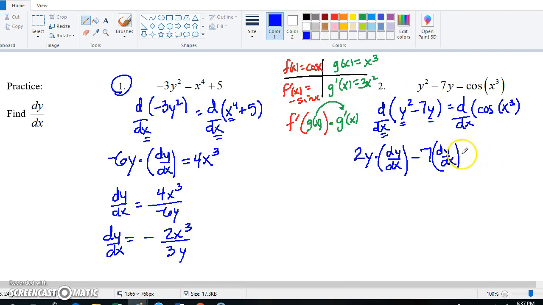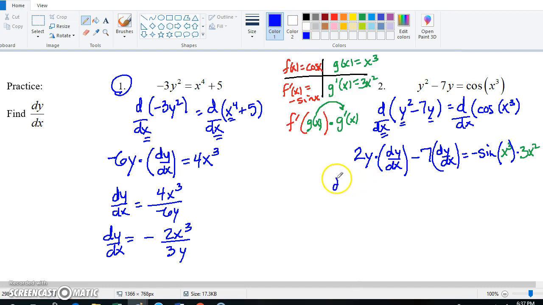So let's write our derivative for cosine of x cubed. It will be negative sine of x cubed times 3x squared. Simplifying a little bit here.